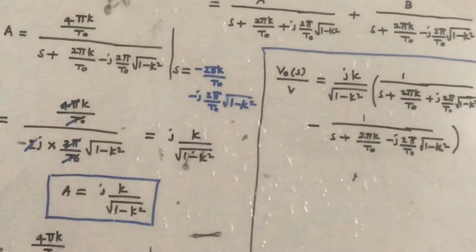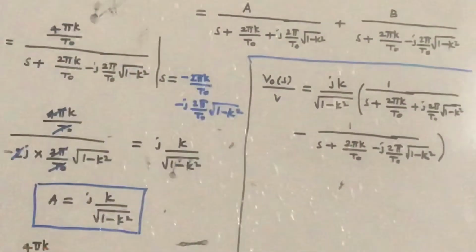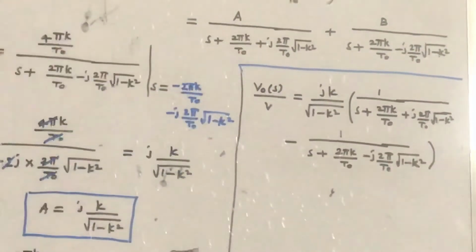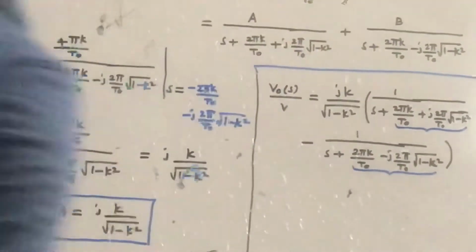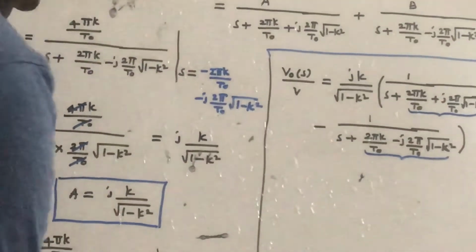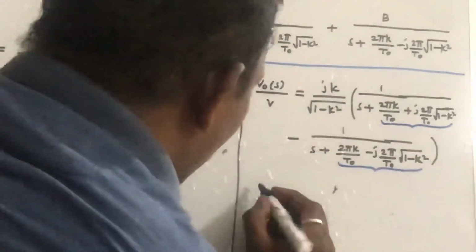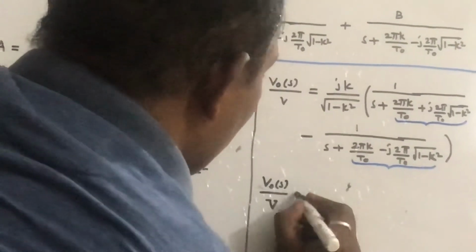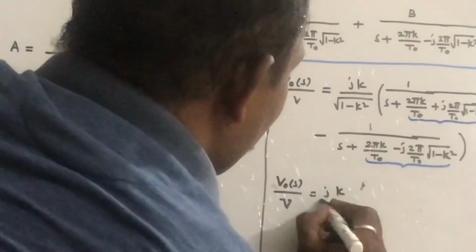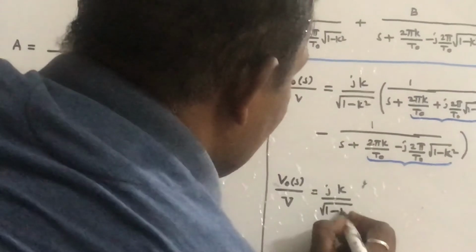Substitute A and B. Now taking the inverse Laplace of this, because these are in the format of 1 by s plus a, where we can easily write the inverse Laplace of 1 by s plus a. Use that formula. So V0 of S by V is equal to j k by square root of 1 minus k square.